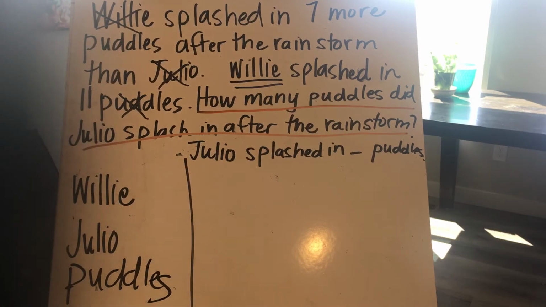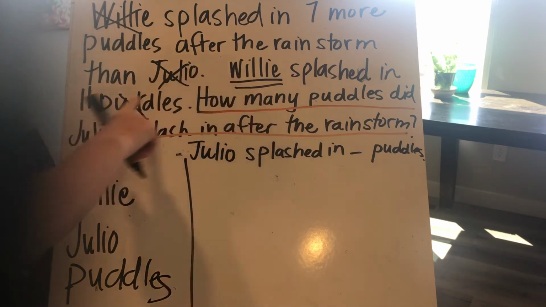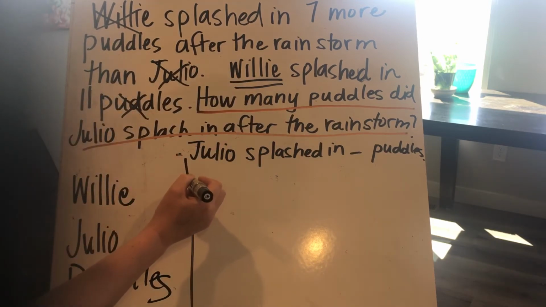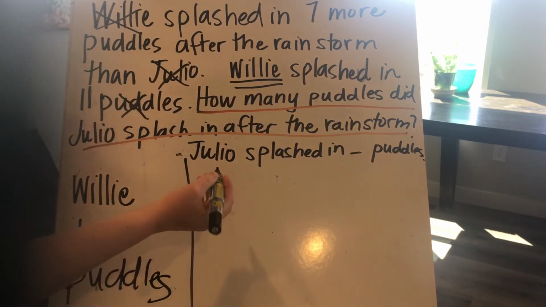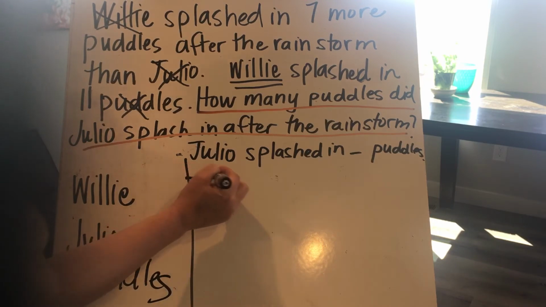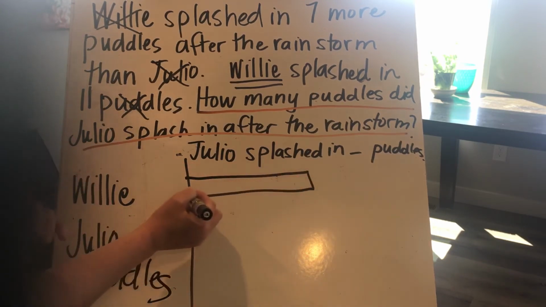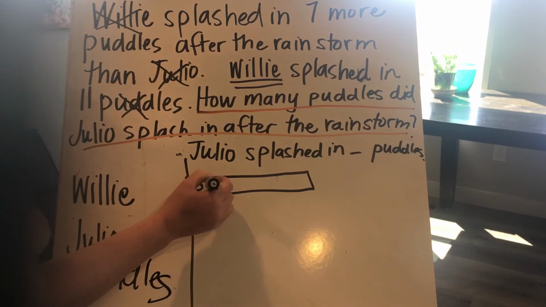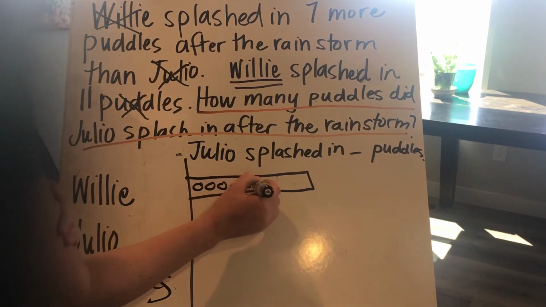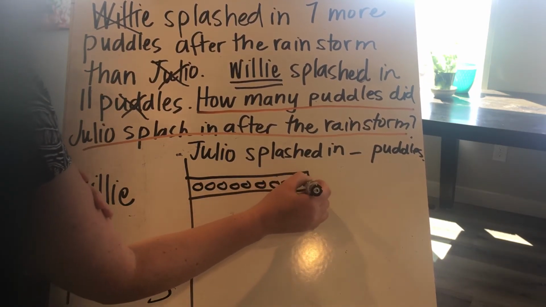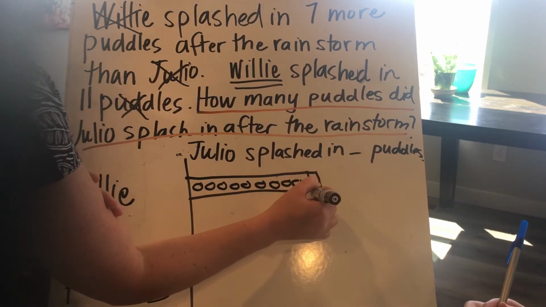Well, how many did he splash in? He splashed in 11. So on my bar, I'm going to draw 11 puddles. So I'm going to draw my bar and put just 11 puddles in it. 1, 2, 3, 4, 5, 6, 7, 8, 9, 10, and 11.